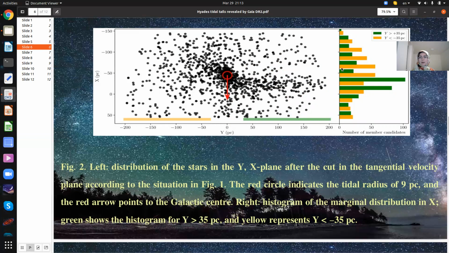On the right is the histogram of the marginal distribution of X. Green shows the histogram for Y larger than 35 parsec, and yellow represents Y less than minus 35 parsec.